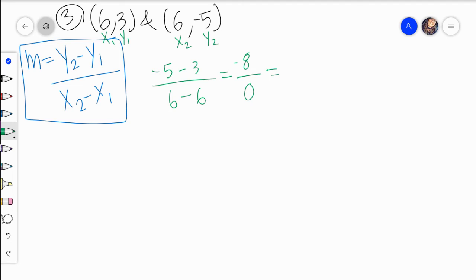And we know that we can't divide by 0. When you do, it causes something to be undefined. And we had a slope for undefined. It was a vertical line. And it was undefined. So our function would be a vertical line, and it's undefined, so there is no slope.